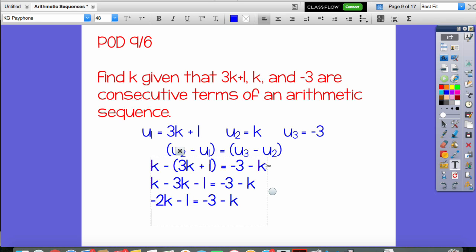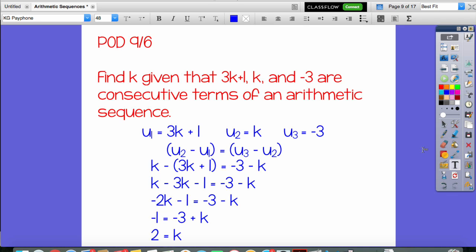To keep my variable positive, I'm going to add 2k to the other side. And then I'm going to add 3 to the other side. So I find out that k is equal to 2. Hopefully you got that.